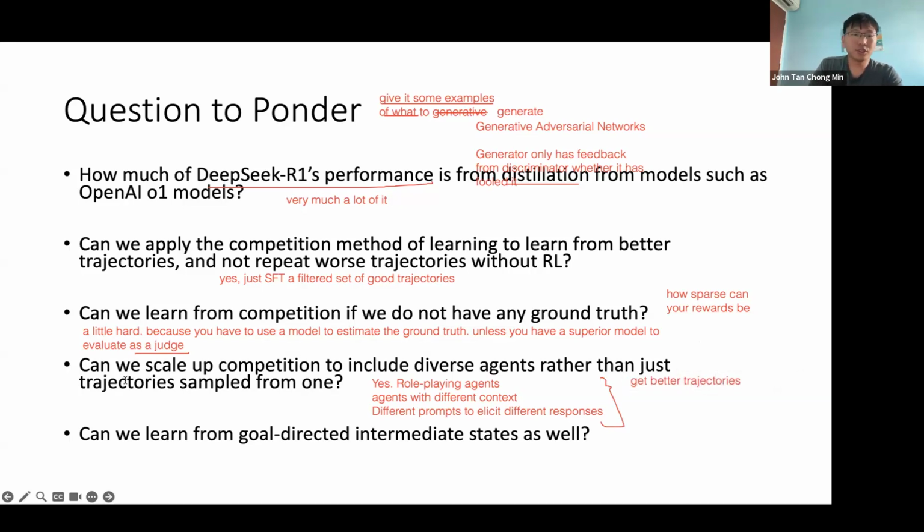All right, last question. Can we learn from goal-directed intermediate states? I would say yes. Just reformat the problem according to what has been done. You have a good trajectory. So this is awesome because essentially you can learn from failures in this way. And I think this increases the diversity of what you can learn from and perhaps improve the model's outputs.